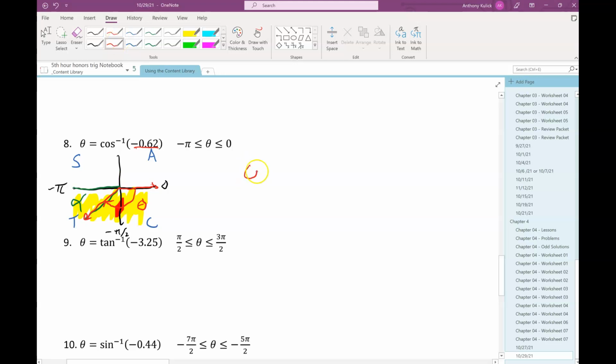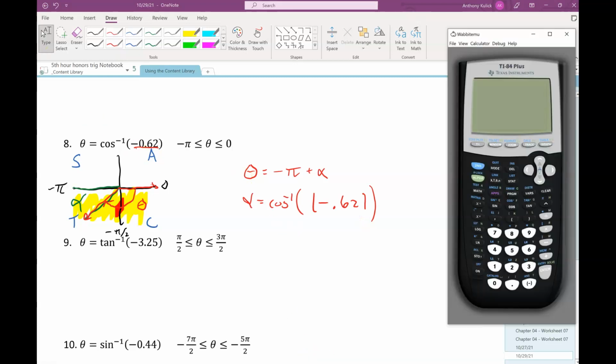So we'll say that theta is equal to negative pi plus alpha. Where alpha in this case is cosine inverse of the absolute value 0.62. Wait, what are you doing?